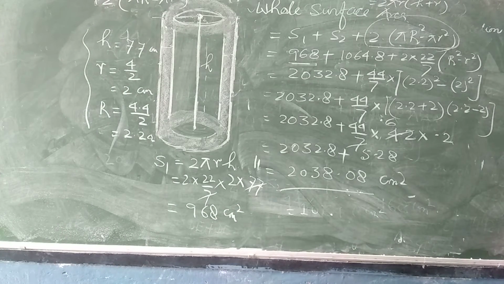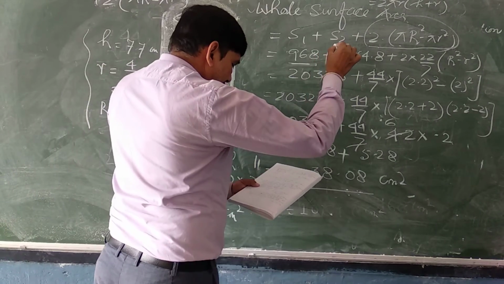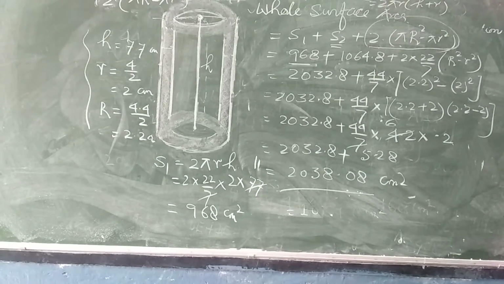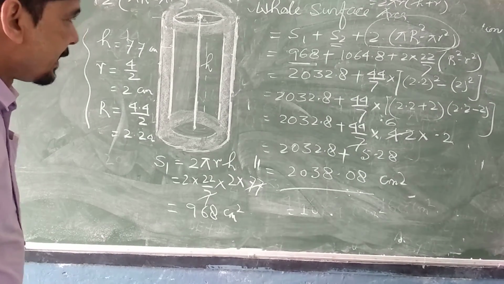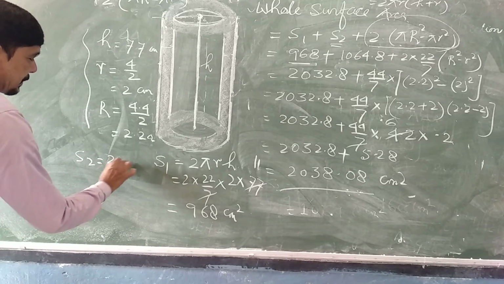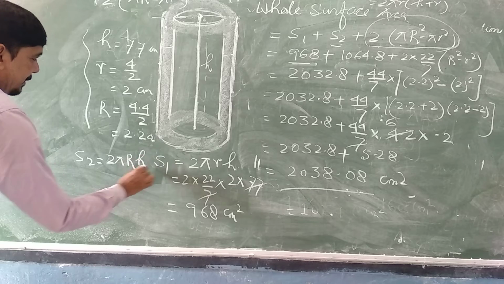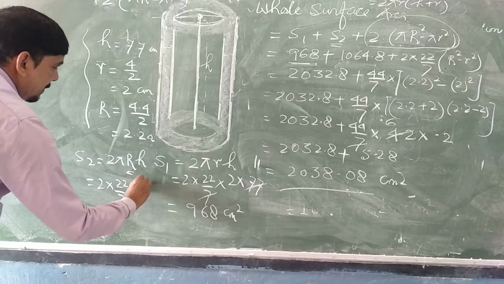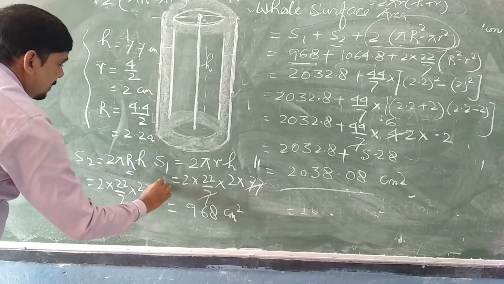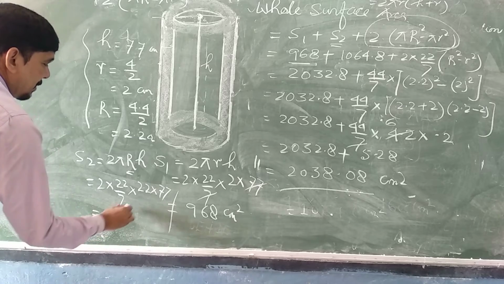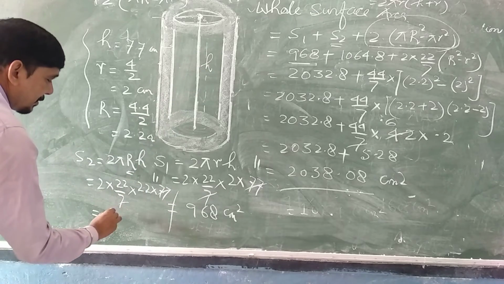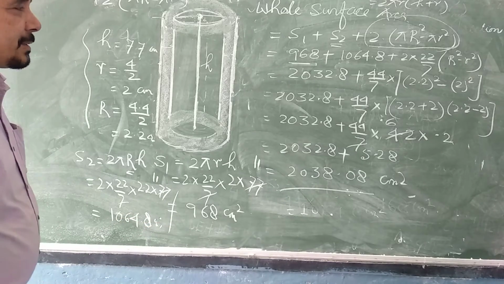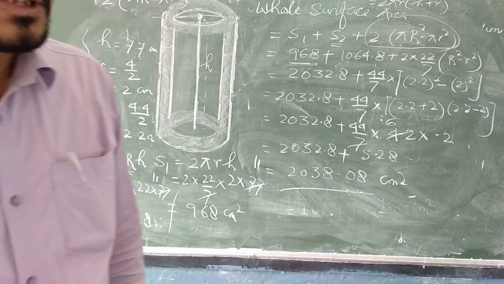Okay, now find the outer curved surface area, denoted by S2. S2 is equal to 2 pi capital R into h. Put pi as 22 by 7, capital R equal to 2.2 and h equal to 77. After solving, we get the value 1064.8 centimeter square outer surface area.